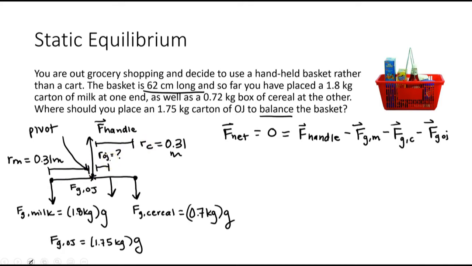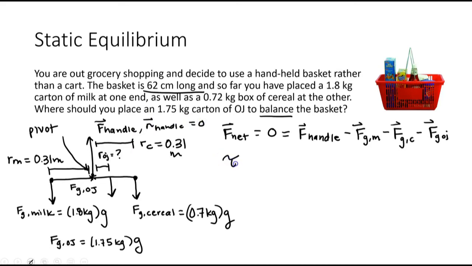So in all three cases, the angle between the force and the lever arm is 90 degrees. So we end up getting sine of 90 degrees in each of our torque equations, which is just 1. So then we end up with torque that's just equal to R times F in each of these three cases. And I should also mention here that our handle torque is equal to 0, because that's where we chose our pivot point to be.